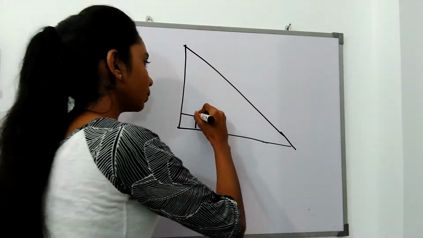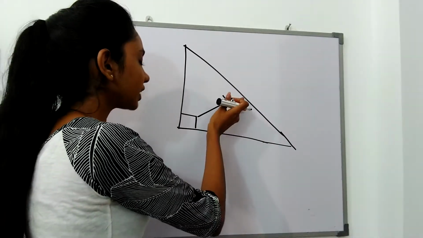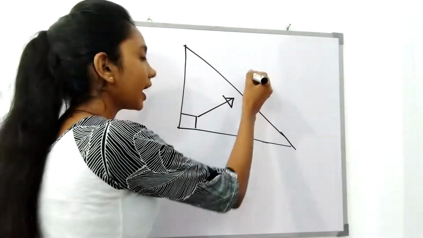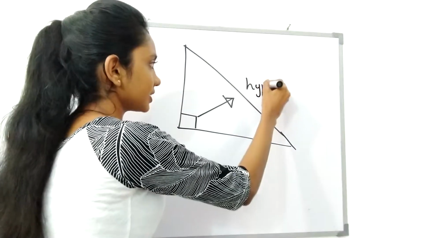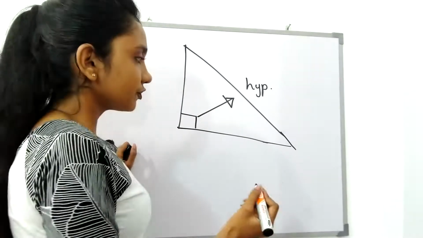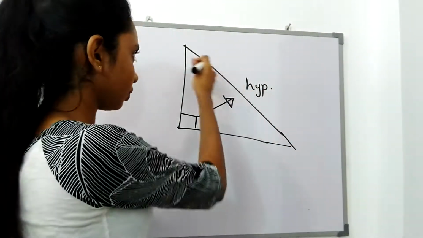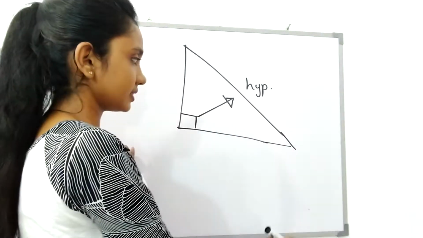We all know the side in front of the right angle is the hypotenuse. And if we are considering this angle, both the other angles are acute angles.